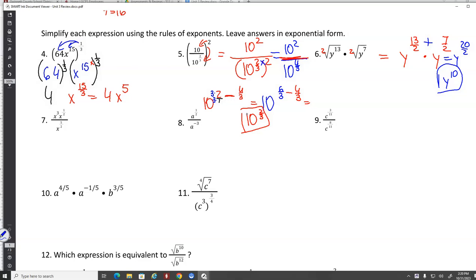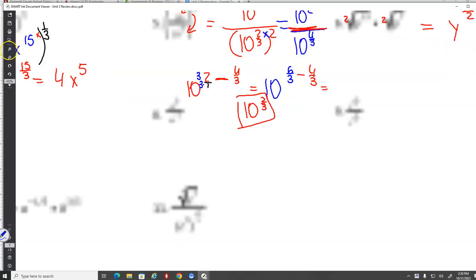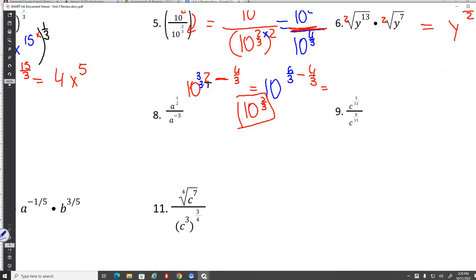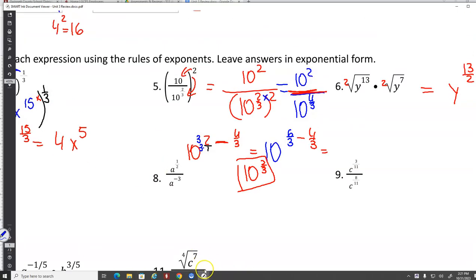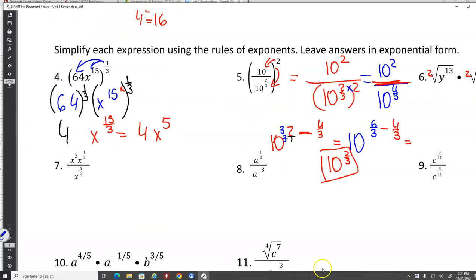Okay, all right, number 7. Let me make it bigger for number 7. Again, the biggest mistake is that students forget that there are two x's with different exponents that are multiplied.